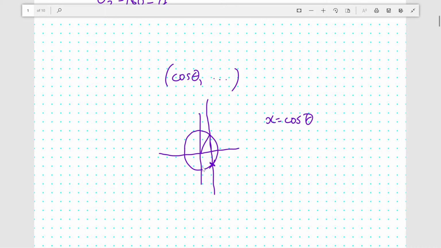And so the triangle down here will also be valid for the same value of cosine theta, and you can take whatever angle this is here.